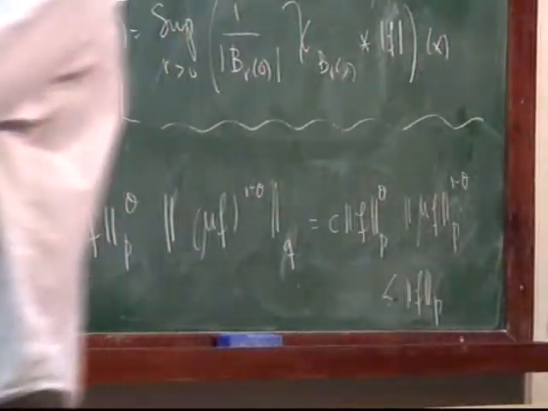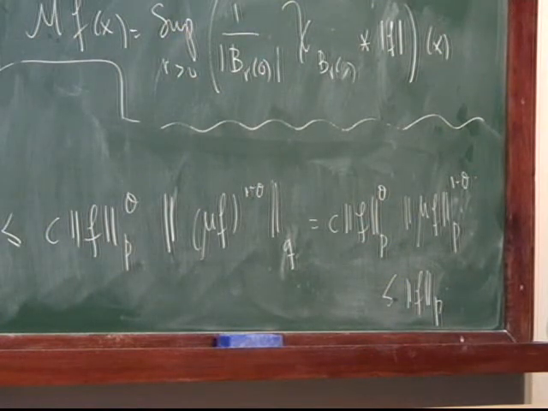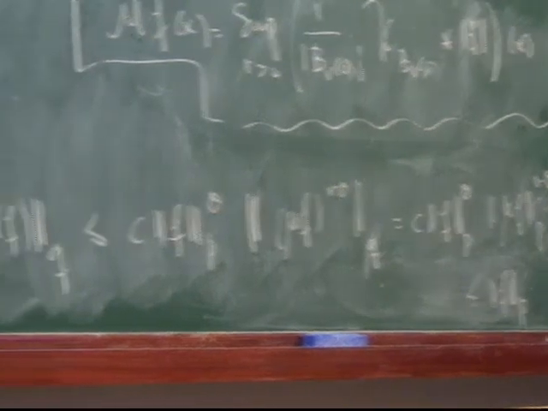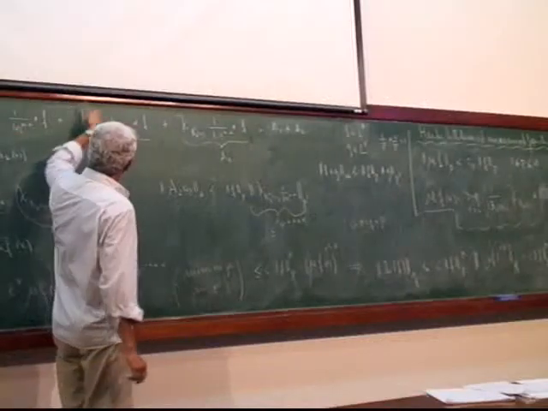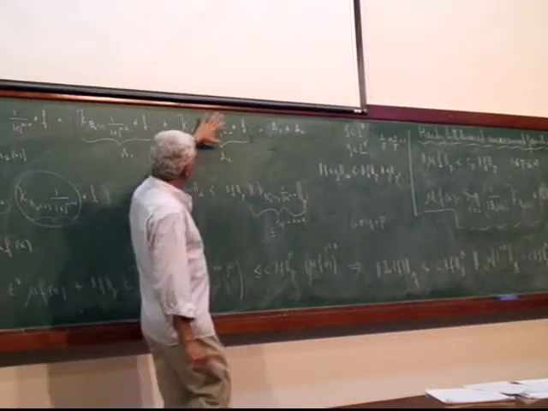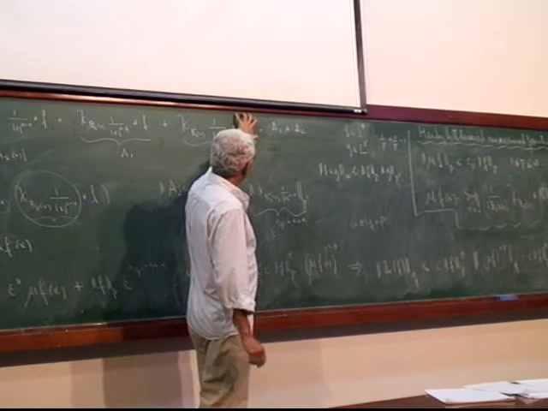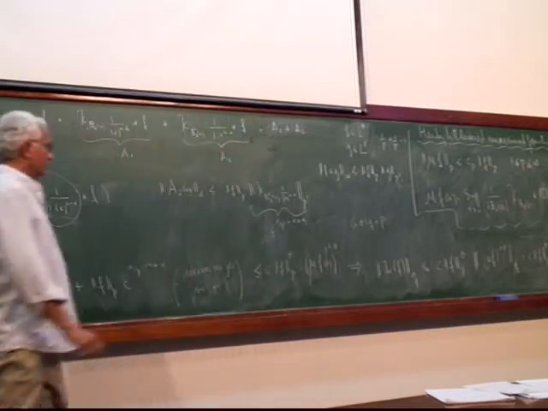Okay, then you have used the maximal function that controls this piece. And this piece is okay because this is in LP prime and this is in LP. You bound this and you have this estimate. We will use this estimate.